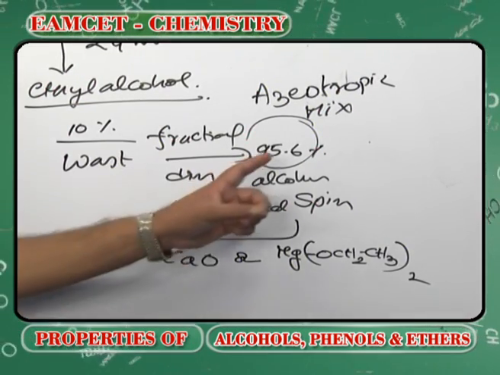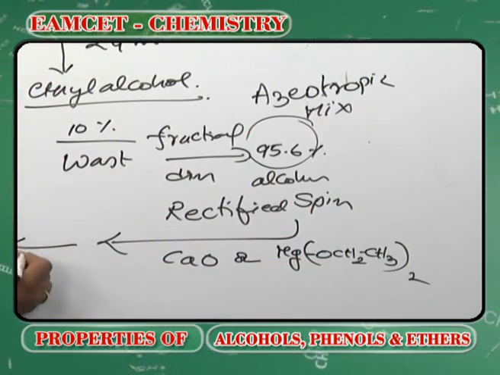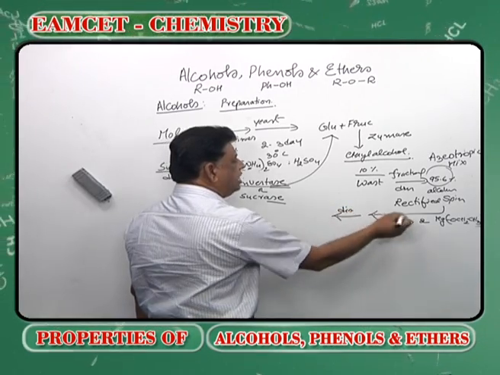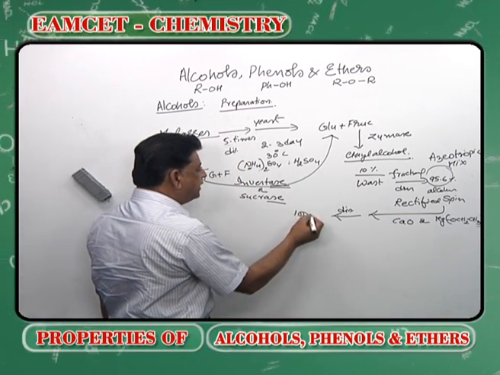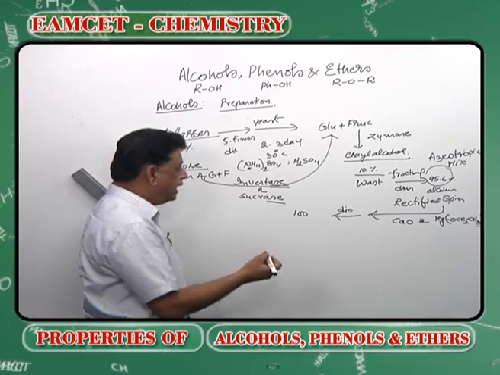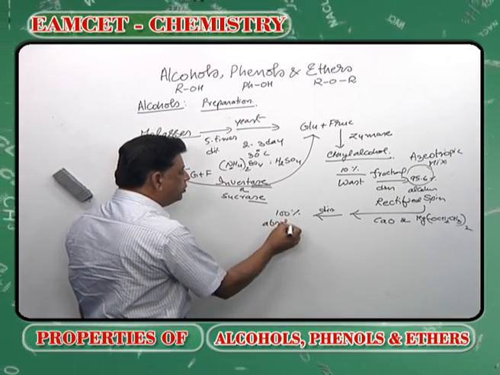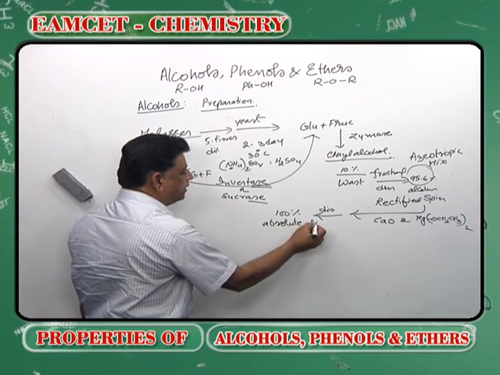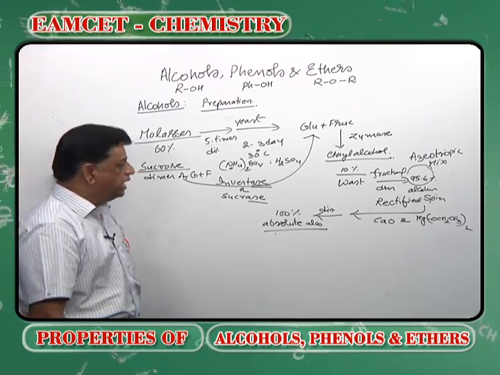The 4.4% water will be absorbed by these chemicals. After treatment you keep it overnight and then distill once again, and you will get almost 99.99% or 100% alcohol, known as absolute alcohol. This is the method we use commercially for the production of ethyl alcohol.